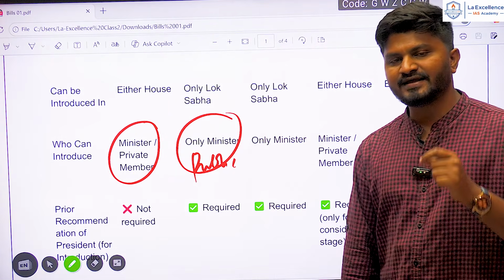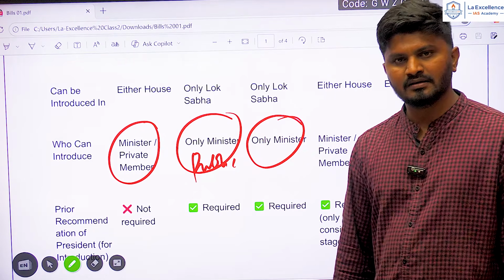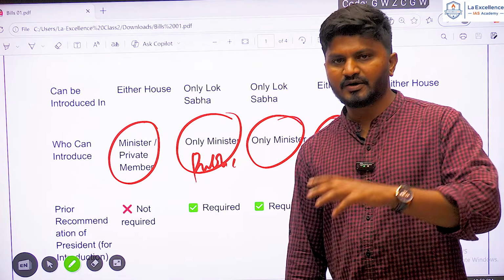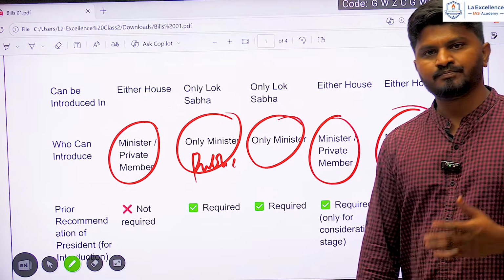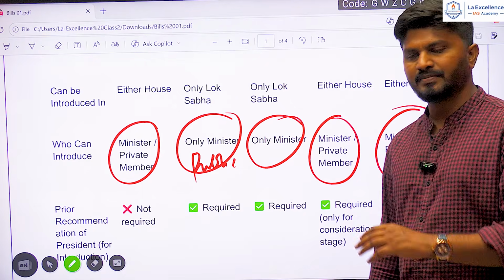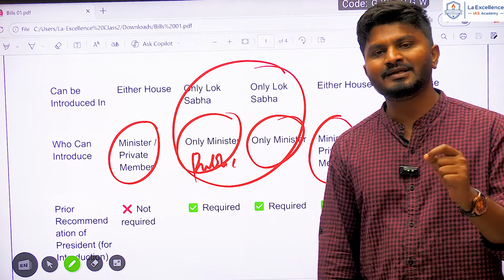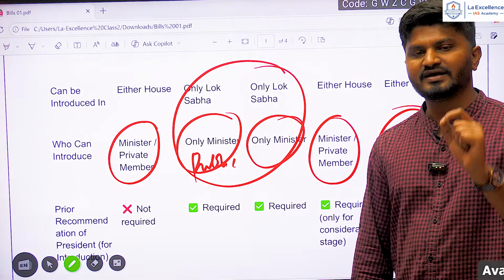Next, financial bill type 1, again only minister, public bill. And financial bill type 2 can be introduced by either a minister or a private member, public or private. Same with the amendment bill, private or public, minister or private individual. So the only difference is again with respect to money bill and financial bill type 1, under article 117 clause 1.